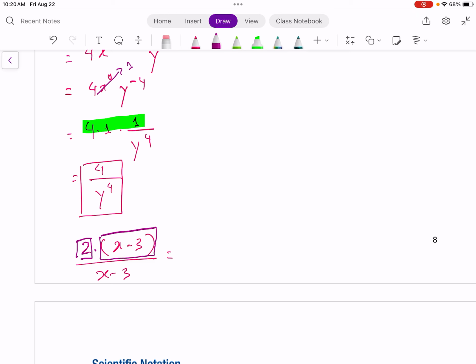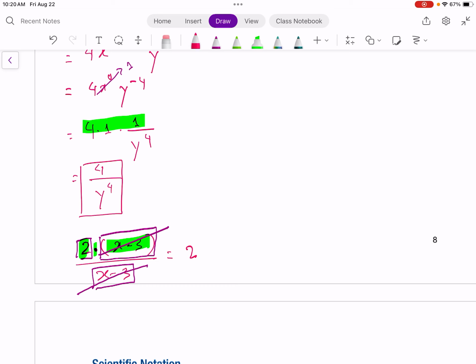We have a multiplication between them. Since our numerator is in a product form, you can cancel this (x minus 3) with the whole (x minus 3). So we have 2.